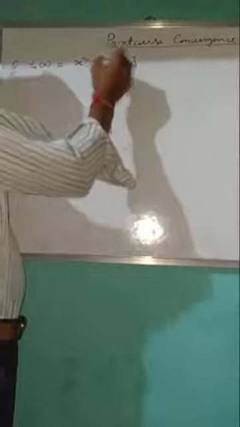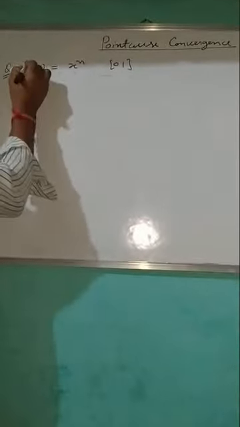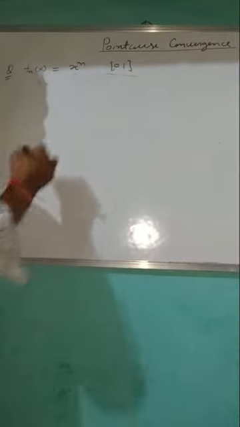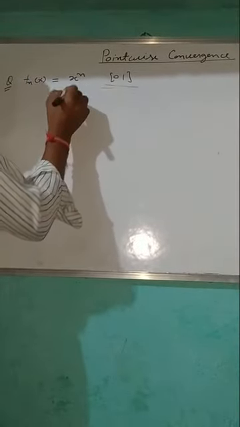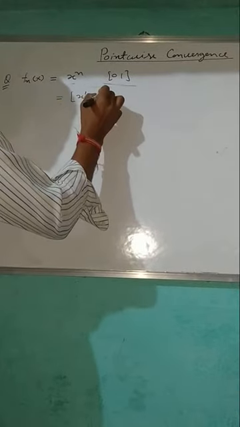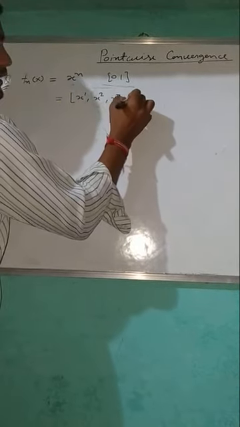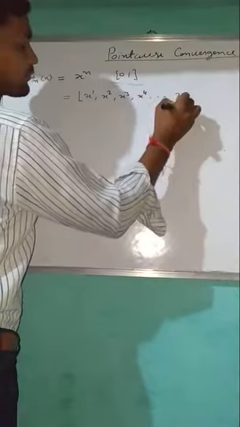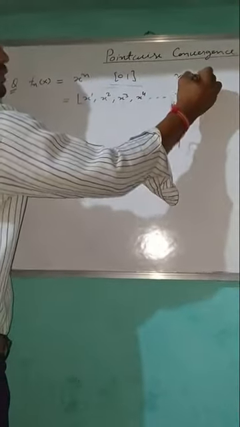For understanding pointwise convergence, let us take the sequence of functions f_n(x) = x^n on the domain 0 to 1. We can write these functions as x, x^2, x^3, x^4, and so on, where n is greater than or equal to 1.